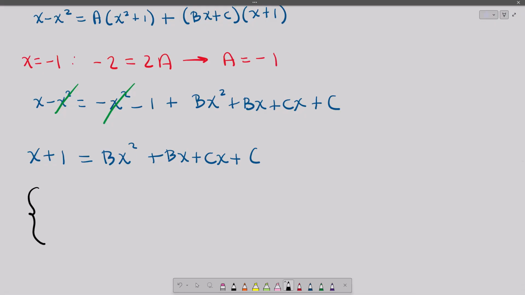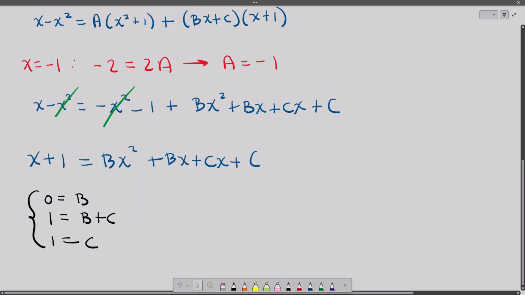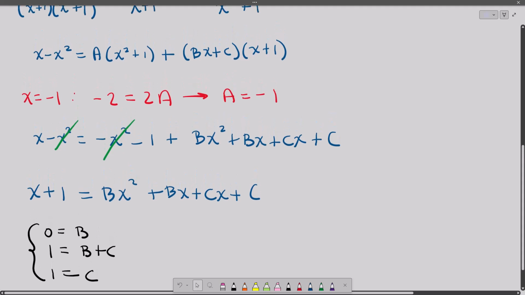What is the coefficient of x squared on the left? 0. Coefficient of x on the left? C has to be 1. So coefficient of x is b plus c. Constant is c. So we get that b is 0 and c is 1. So now we have all our constants.